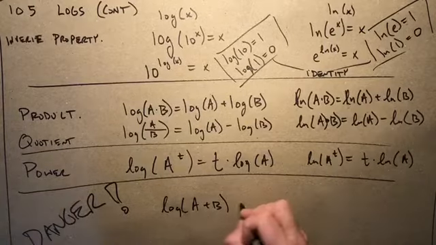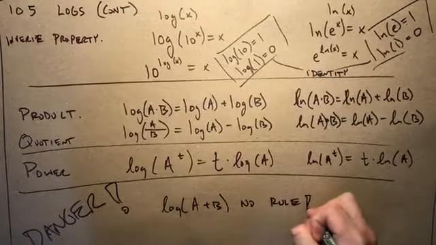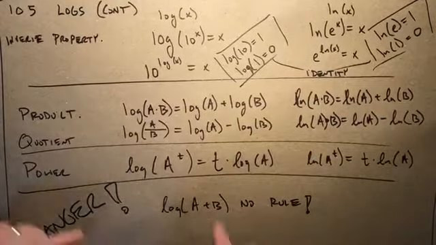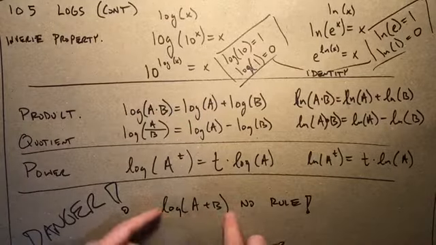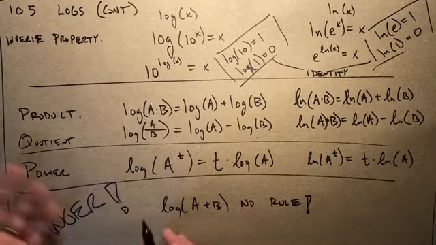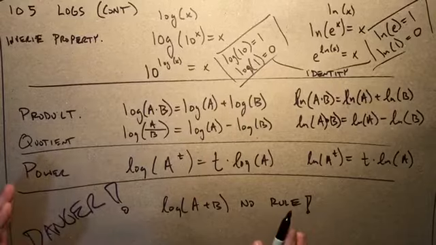And this is trash. There is no rule. There's no combining this. There's no taking this thing apart. If I have the log of a product, I can split that up into the sum. But the log of a sum, this is garbage. There's nothing I can do to pick this thing apart. So cease and desist your tomfoolery.